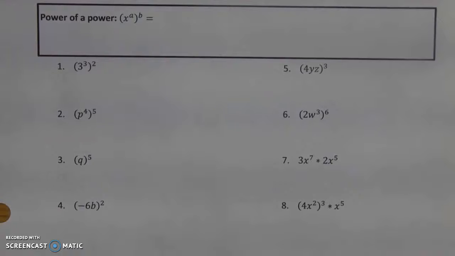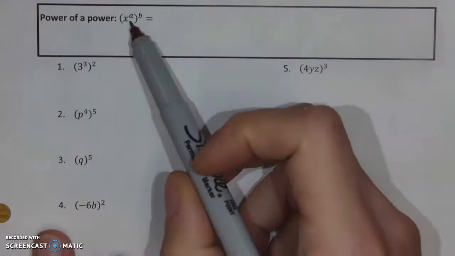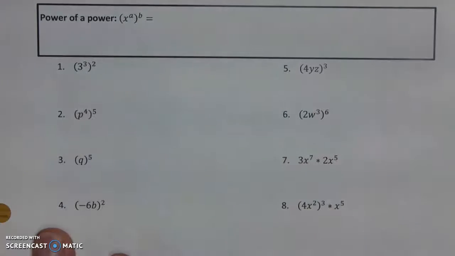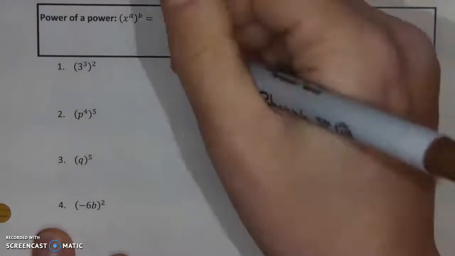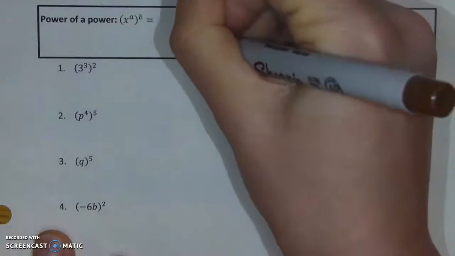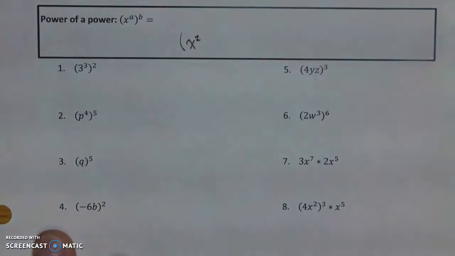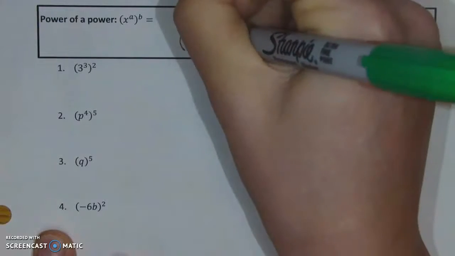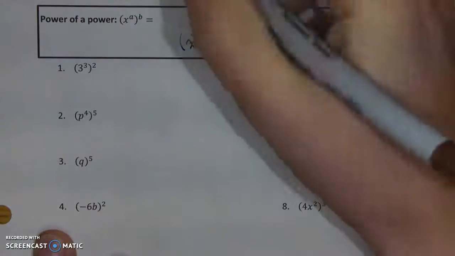Speaking of moving on, we do have a few other rules to look at. What do you do when you have a power of a power? So here we have x to the a, and the whole thing is raised to another power. Well, let's try this out real quick. Let's say that we started with x squared, and we raised this to the fourth power.